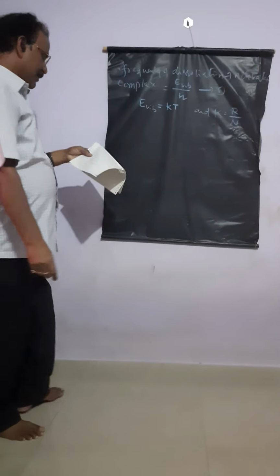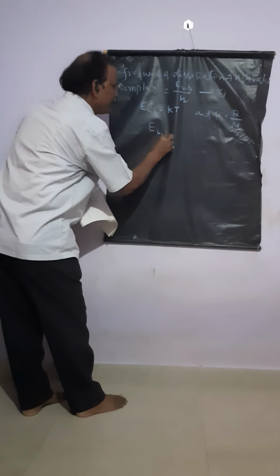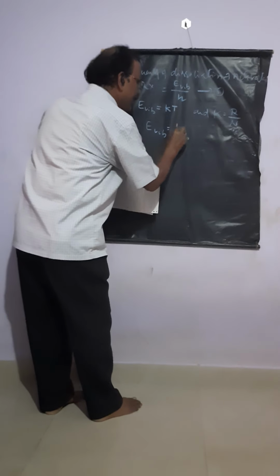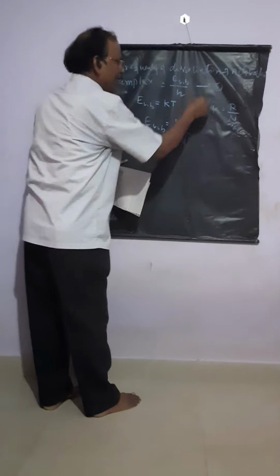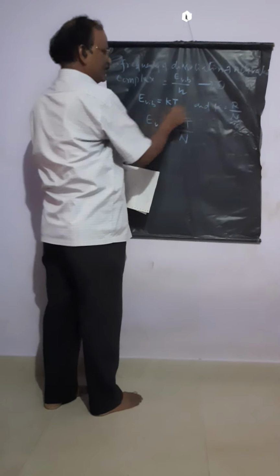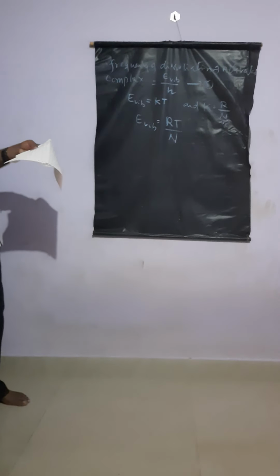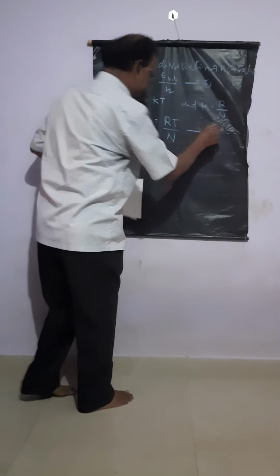By substituting, you can write E vibration is equal to RT divided by N. Say this is equation number 6.